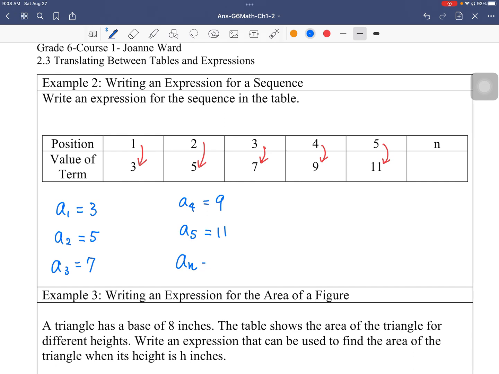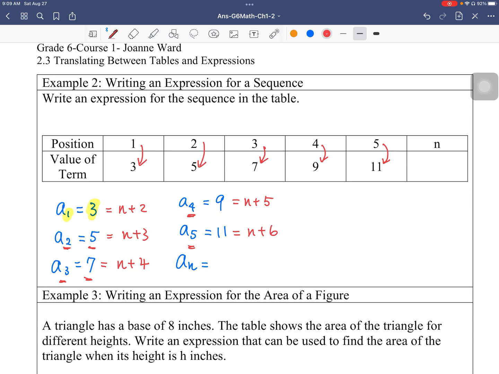How about an? Let's see the relationship between 1 and 3. I started kind of guessing like n plus 2, but then the second one becomes n plus 3, and then the third one becomes n plus 4, the fourth one becomes n plus 5, and the fifth one becomes n plus 6.